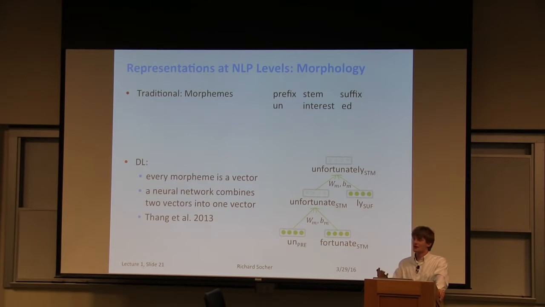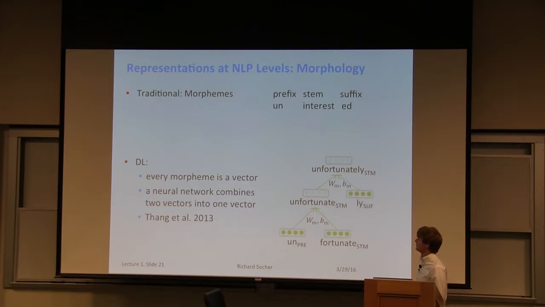The suffix in different languages can change time, for instance, so interesting versus interested, and things like that. Now, again, in deep learning, every morpheme will just be a vector, a list of numbers, and we will train a neural network that just combines two vectors into one vector, and then we hope that the resulting vector captures whatever we need to capture for our task.